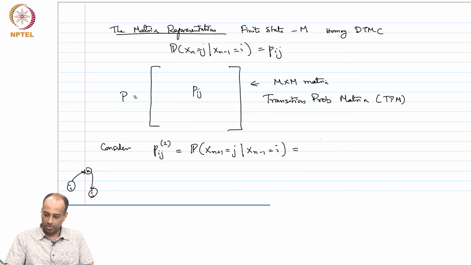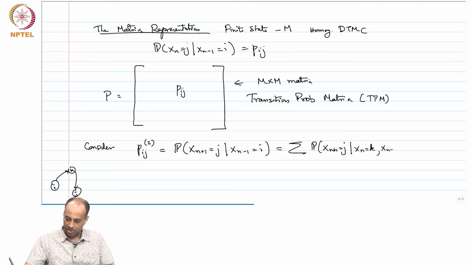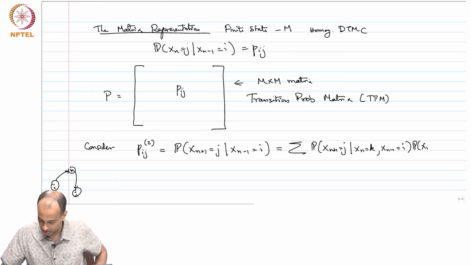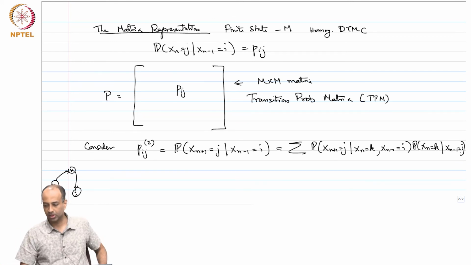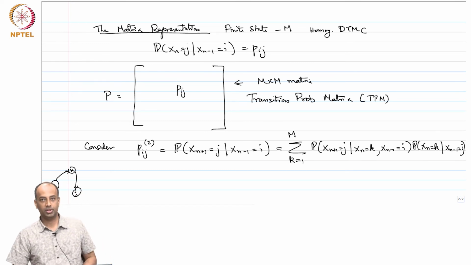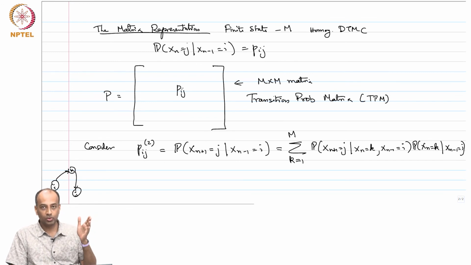Which I can just expand using the theorem of total probability into the probability that X(n+1) equals j given X(n) equals k and X(n-1) equals i, times the probability that X(n) equals k given X(n-1) equals i, okay. And I sum over all k, let us say in this case it is a finite number of states, k equal to 1 to m, right. So, this k, the intermediate state I go to, could be any one of the other states, or it could be one of the states i and j themselves. The important thing is that you have to be in j after 2 steps at n+1, all right.